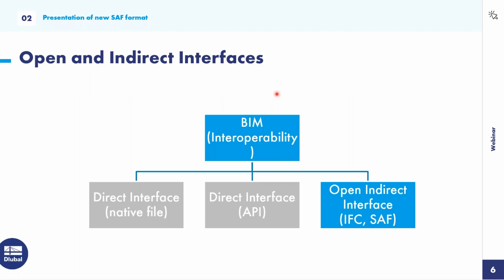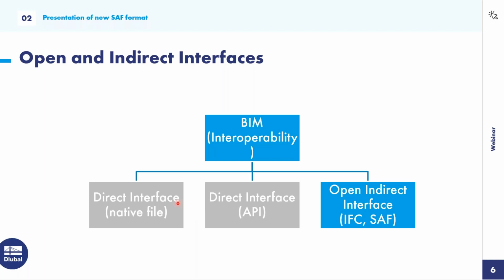In order to have a comparison to SAF, I would like to start with the IFC. Why IFC? IFC is mentioned as the open BIM format, and therefore it's quite good to understand where IFC is good and where SAF is better. Because the direct interfaces are quite okay when dealing with applications like, I don't know, Revit or RFEM.